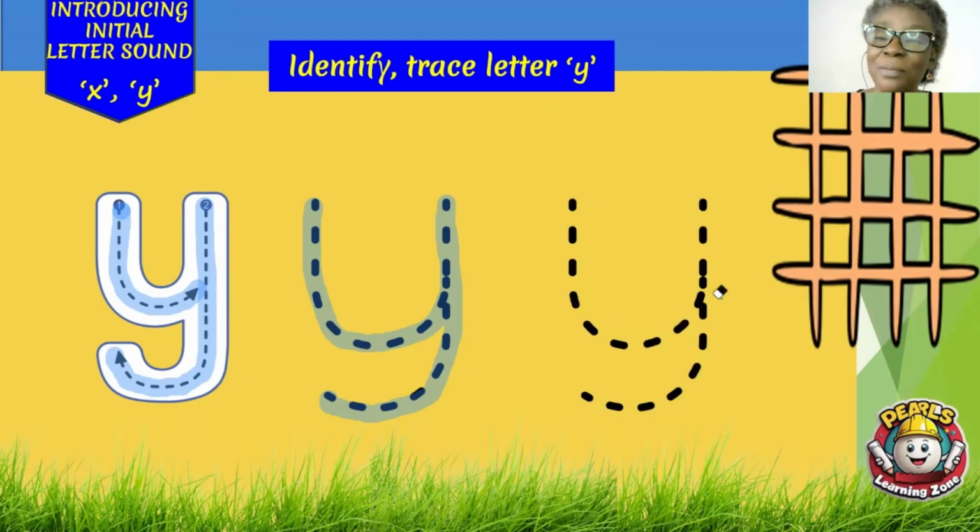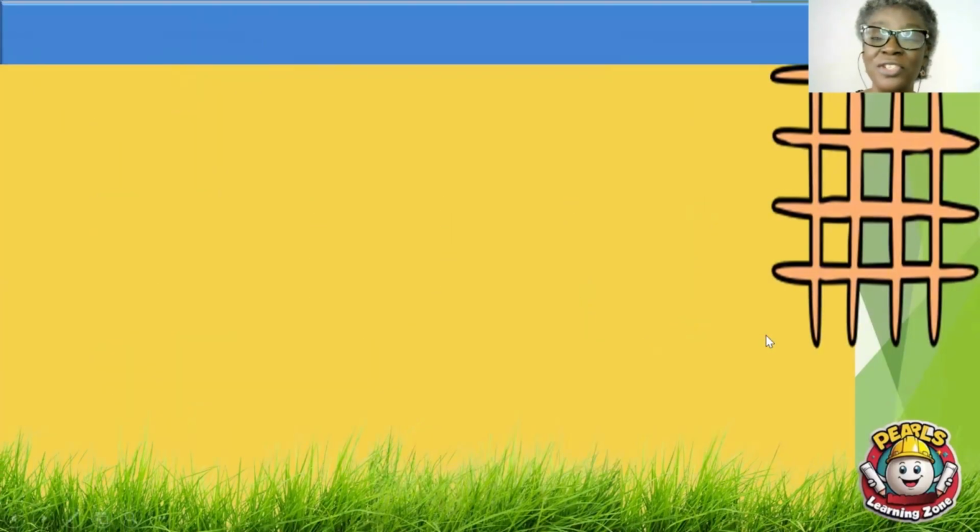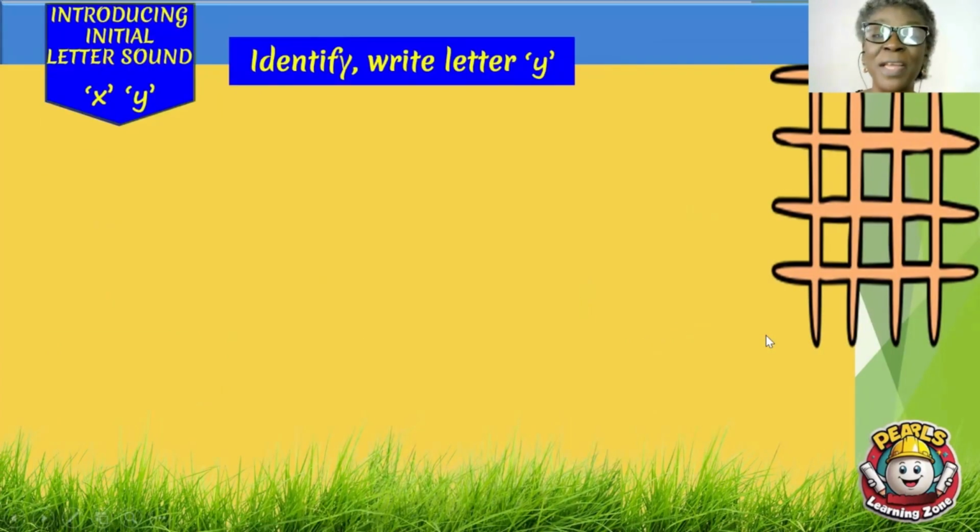So this is it. You practice and practice and practice. Now let's see you write it all by yourself. I know you can do it. So let's go on to the page where you have to do that by yourself. Okay, pick your pen.